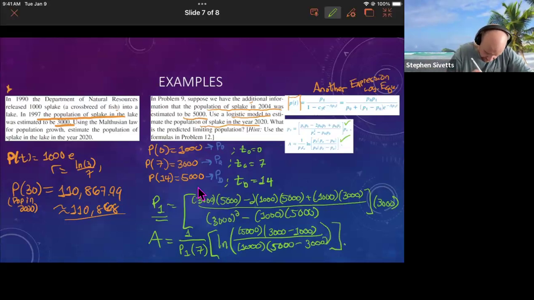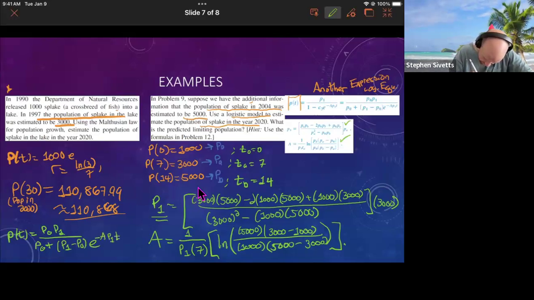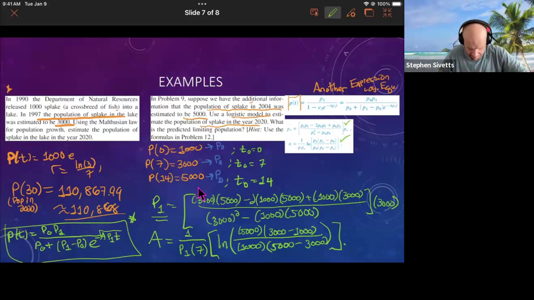And then just write out the particular solution, right? So it's just P0 times P1 over P0 plus P1 minus P0 times e to the minus A P1 times t. That's a fraction. All right, so that's it.